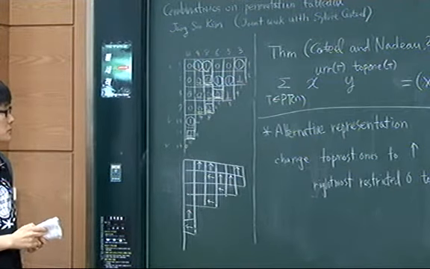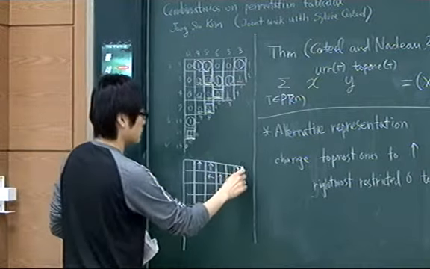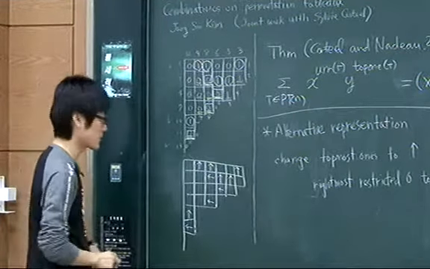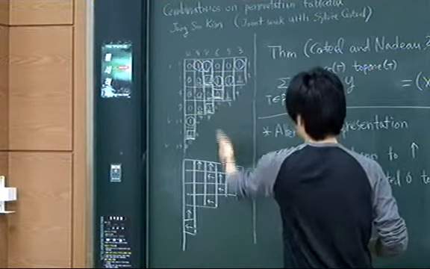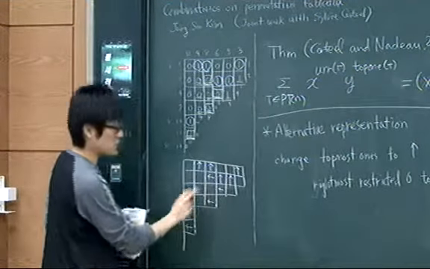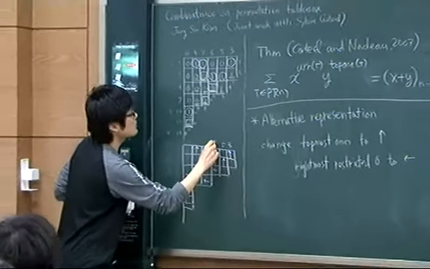Right. Then let me briefly define the bijection between this and permutations. I will use this representation because it's simpler to describe.